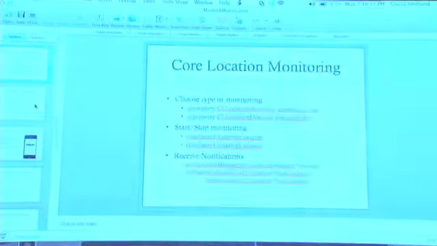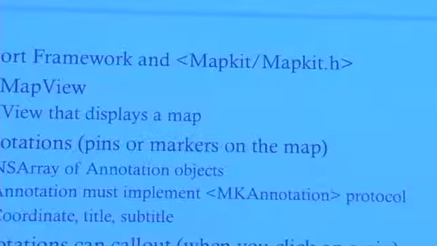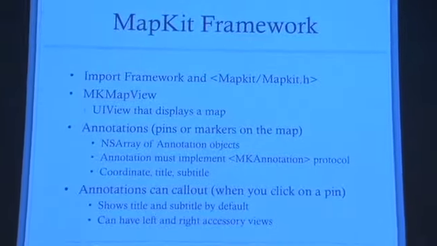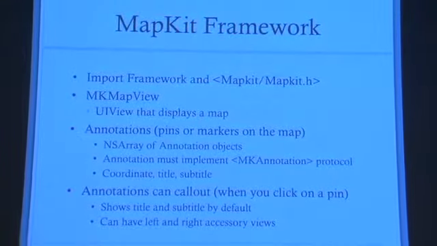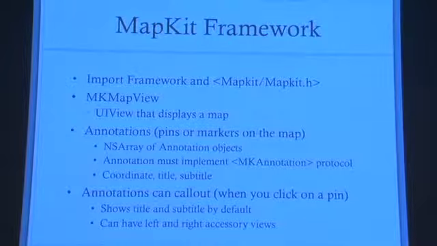So, okay. All right, so now moving on to MapKit. Let's see if I remember how to do this. Okay, so this is a different framework altogether, often used in conjunction with Core Location, but this is the MapKit framework.